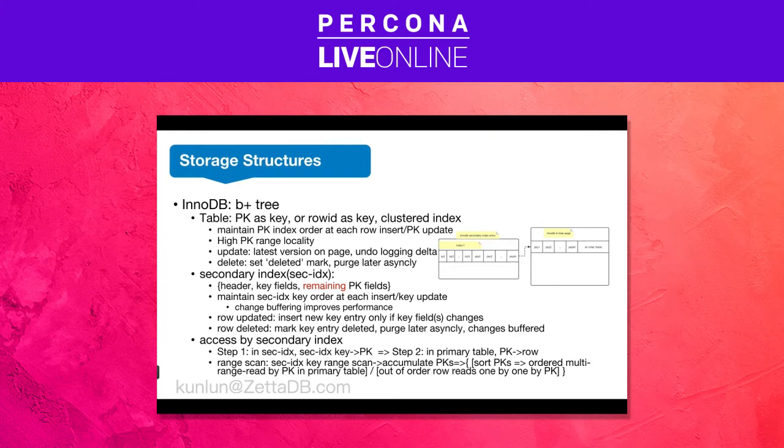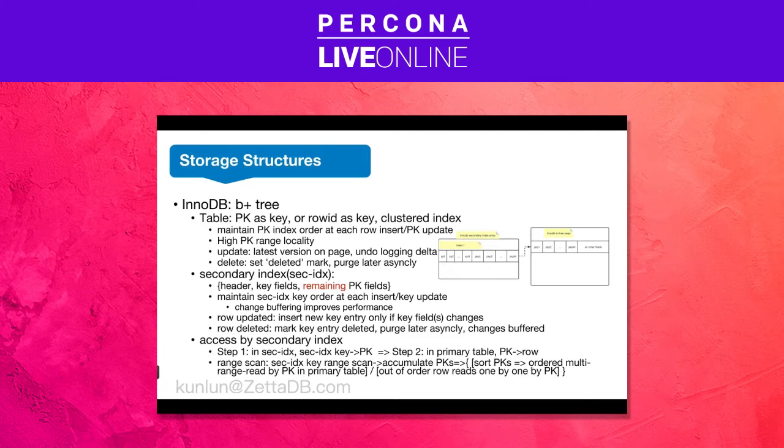And InnoDB will maintain secondary key order at each row insert or key update. And InnoDB will do change buffering to improve the performance. And InnoDB will apply such buffered changes when the target page is loaded into buffer pool. If a row is updated, InnoDB will insert a new key entry only if the key fields change.